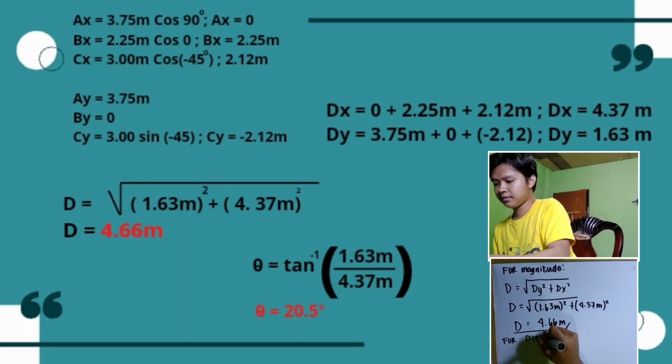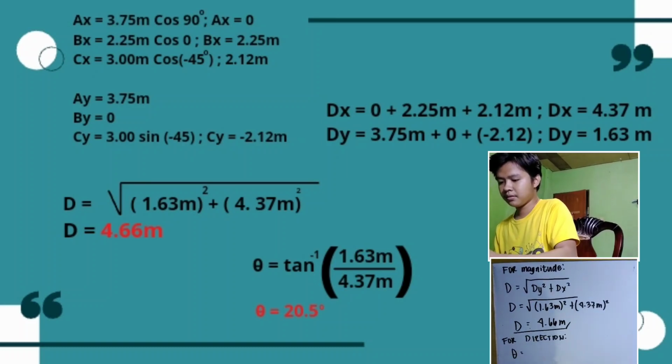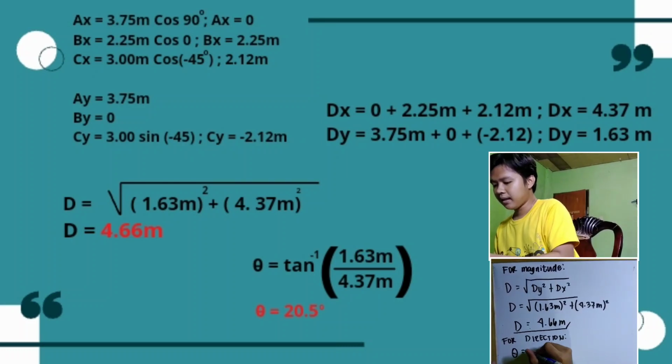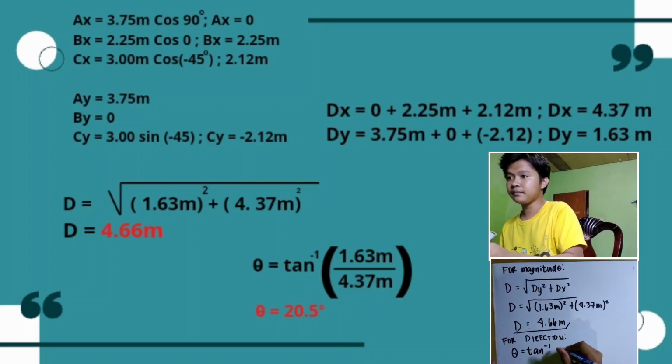So, for the direction, we have angle theta equals inverse tangent of the quantity d sub y over d sub x.